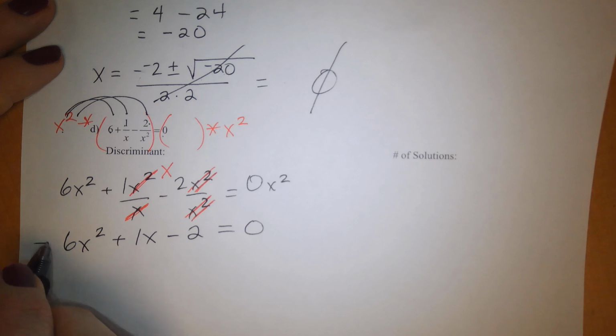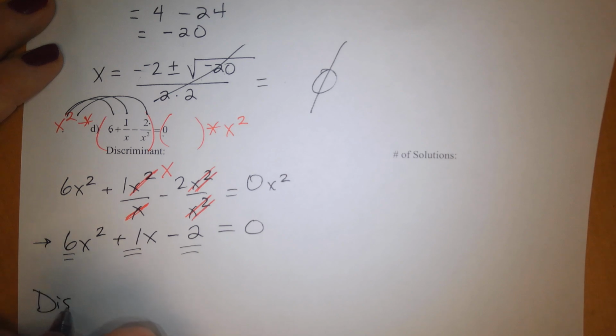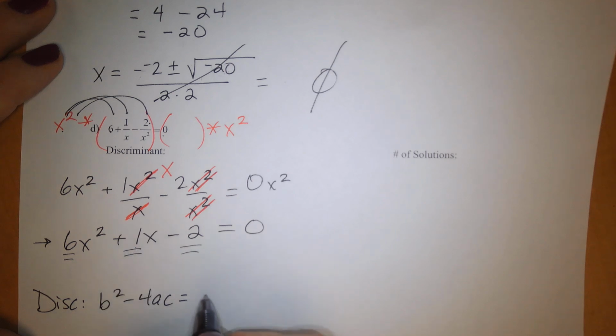This is in standard form. Now we can determine what a, b, and c are so we can find our discriminant. So the discriminant is b squared minus 4ac, which is going to be 1 squared minus 4 times 6 times negative 2, which is 1.